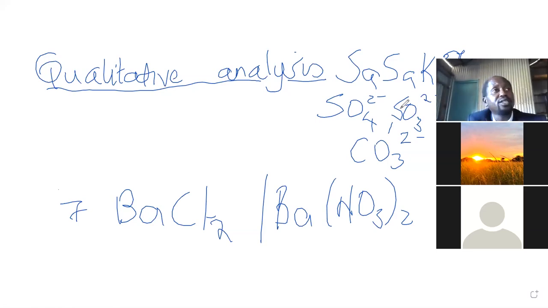So hydrochloric acid or nitric 5 acid can now be used to distinguish between sulfite and carbonate and sulfate. That is after performing the test of barium chloride.